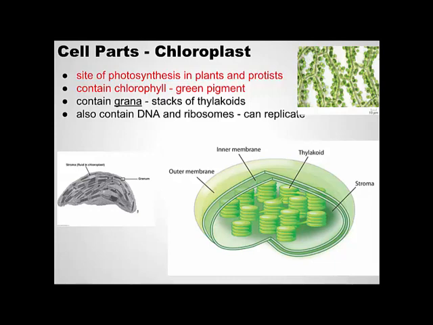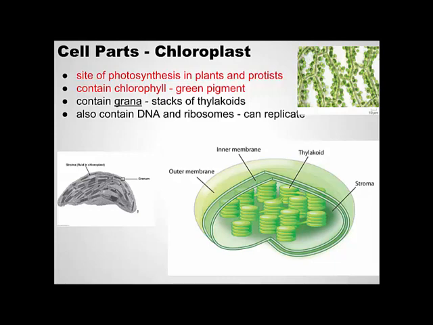They also have a double membrane, outer membrane and inner membrane, and then the inside is called the stroma, this fluid-filled interior, which then has in it these structures that look like stacks of poker chips or macaroons. The individual poker chips are called thylakoids, and the stacks are called grana.